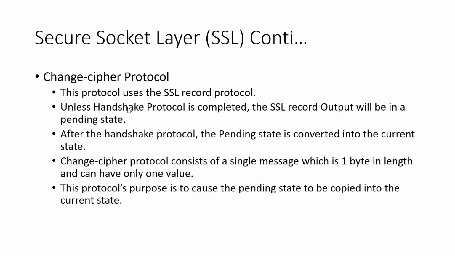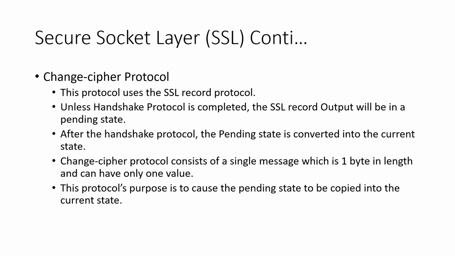Again, the third step is unless the handshake protocol is completed, the SSL record protocol will be in a pending state. Then after that the record protocol will function. After the handshake protocol, the pending state is converted into the current state. The change cipher spec protocol consists of a single message which is 1 byte in length and can have only one value. The purpose of this protocol is to convert the pending state into the current state.